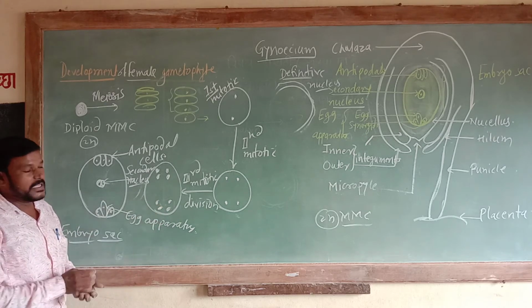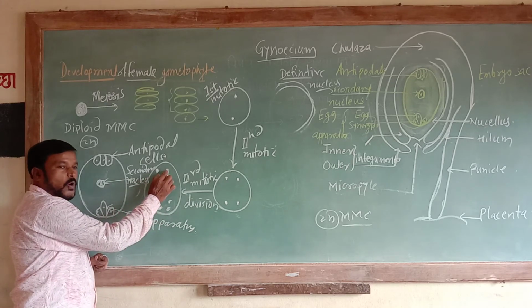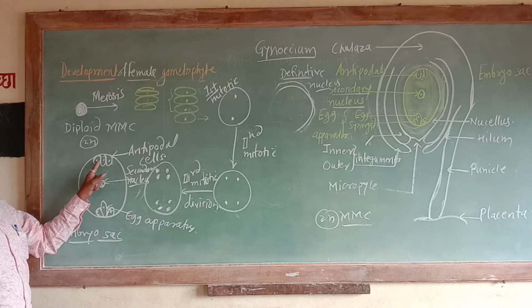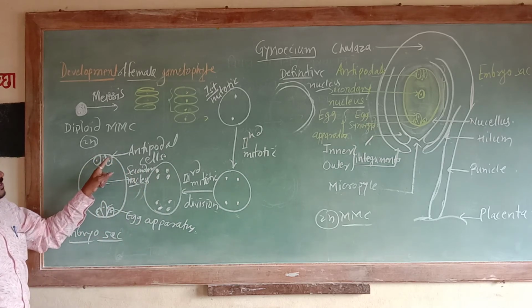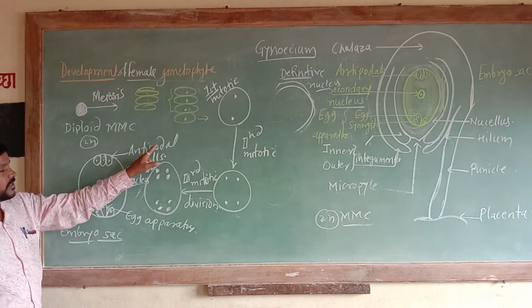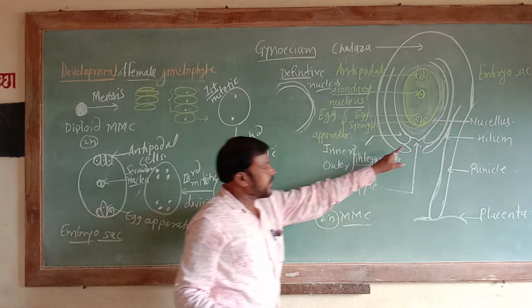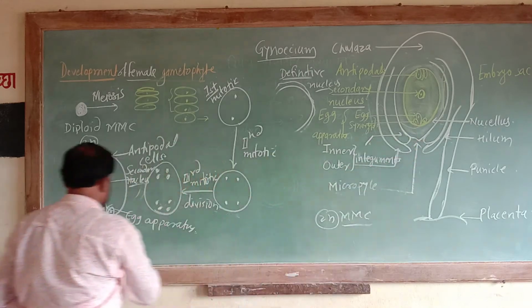Finally, out of those 4, 3 come together towards the chalazal end and form the antipodal cells. Then 3 towards the micropylar end form the egg apparatus.